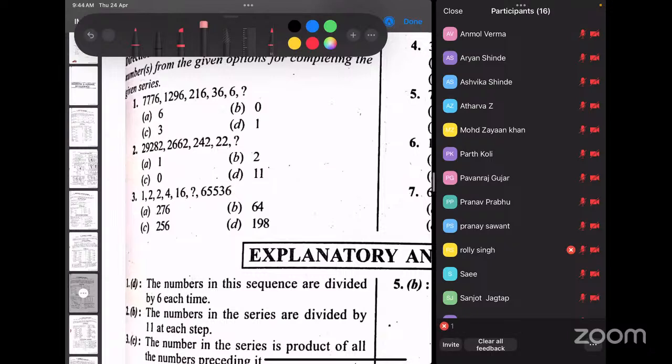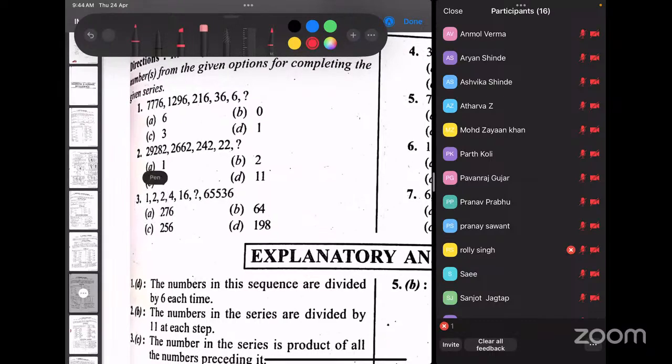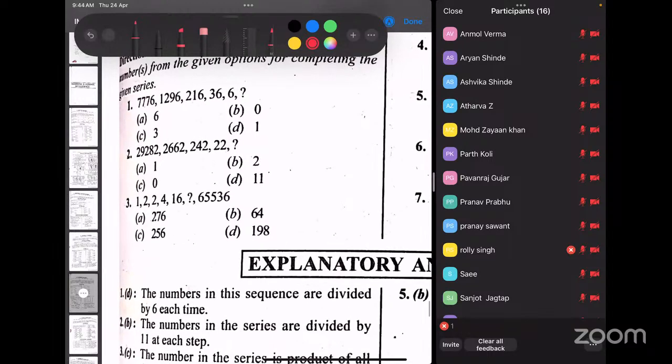What will be the next? Third: 1, 2, 2, 4, 16, 65536. If we look at it, 1 into 2 will be 2. 1 into 2 into 2 will be 4.